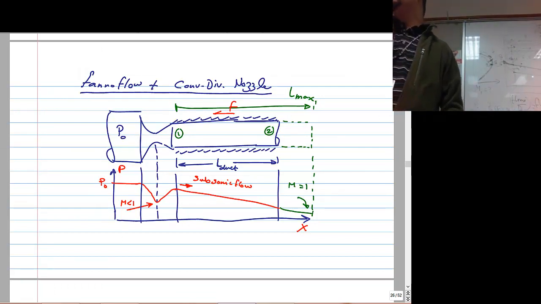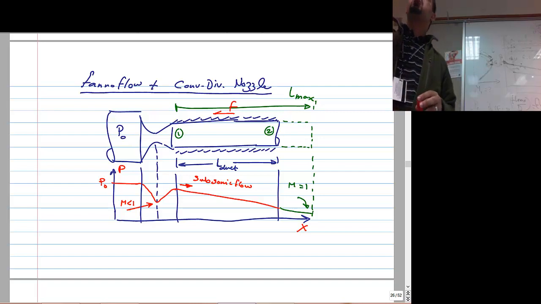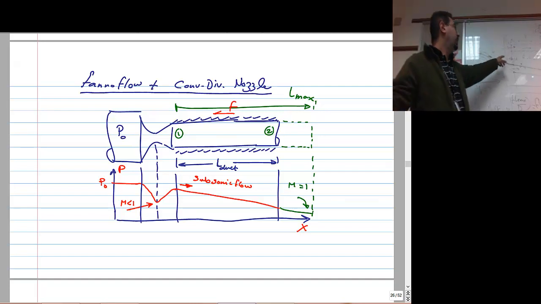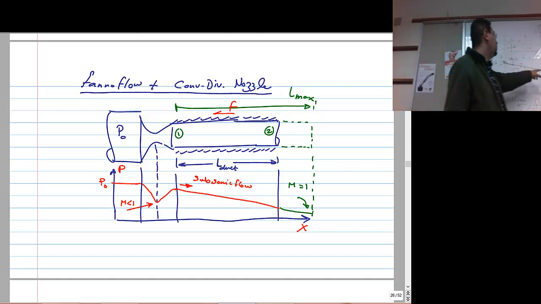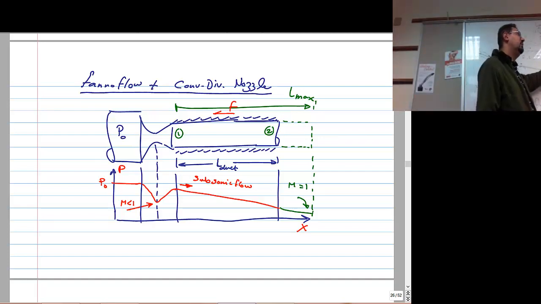So now what happened? Now we have a converging-diverging nozzle with a Fanno duct, not just a converging nozzle. In the converging nozzle, we had only one scenario, and that is the duct will be choked at the exit. You will hit Mach 1 at the exit.